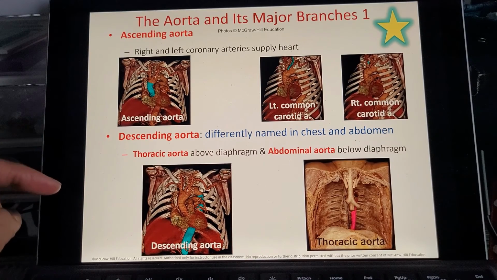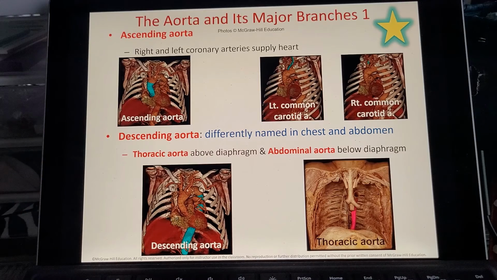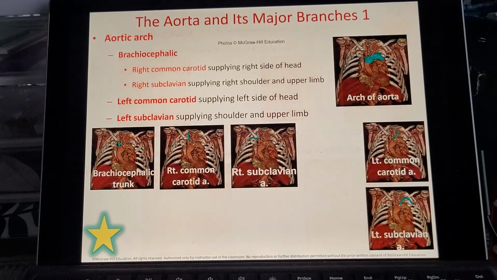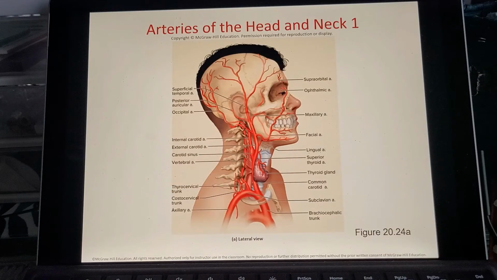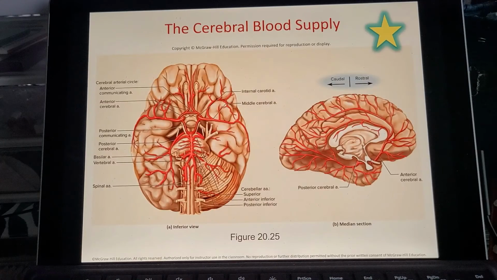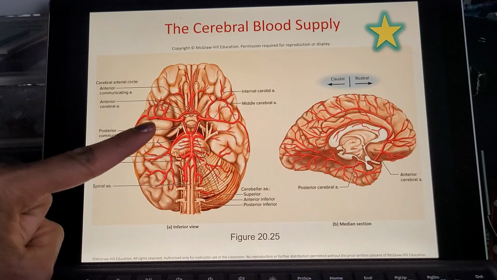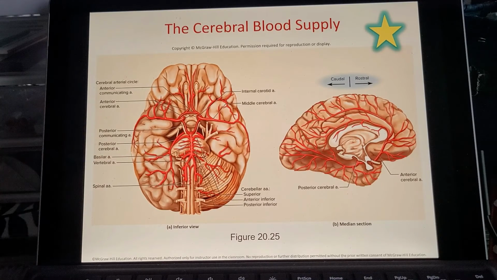I'm going to skip through a bunch of these because for the study guide, it's just this one last section where I know there is a chart that goes with it. But again, a lot of these ones, I do have a star on, because they're on your vessels exam. So for example, the circle of Willis, also called the cerebral arterial circle.